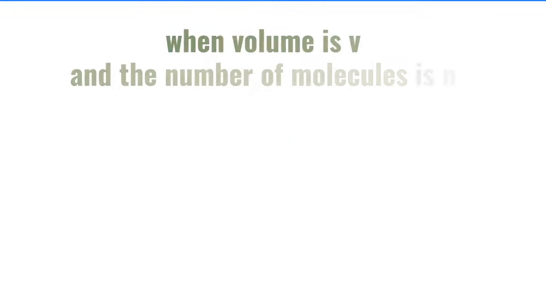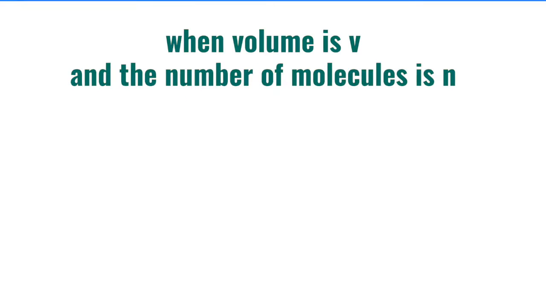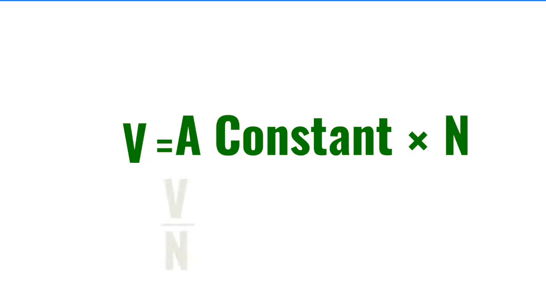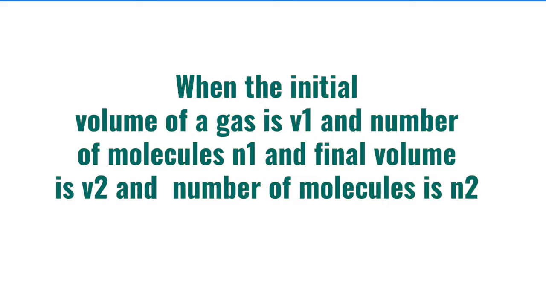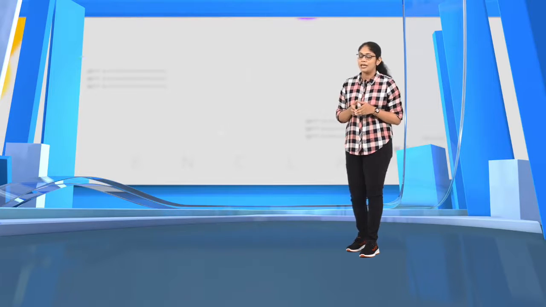That is, when volume is V and number of molecules is N, V is proportional to N, or V is equal to a constant into N, or V by N is a constant. When the initial volume of gas is V1 and number of molecules is N1 and final volume is V2 and number of molecules is N2, we can write V1 by N1 equal to V2 by N2. When any three of these quantities are known, the fourth quantity can be calculated.